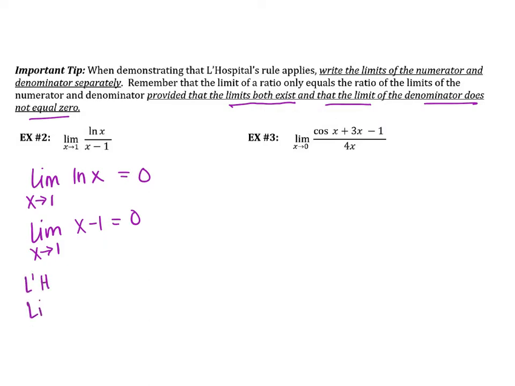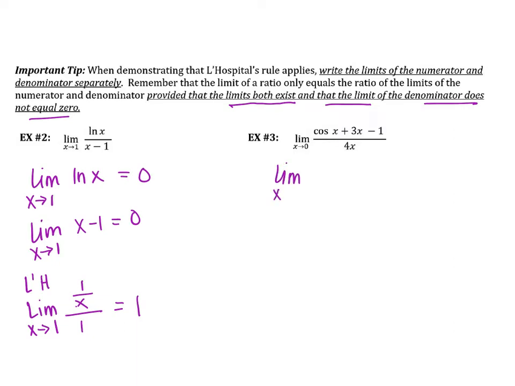L'Hopital's rule is telling us that we can take the derivative of the top and bottom and look at that ratio. The derivative of the natural log of x is going to be 1 over x, and the derivative of x minus 1 is just going to be 1, and so we see this limit does end up giving us 1.